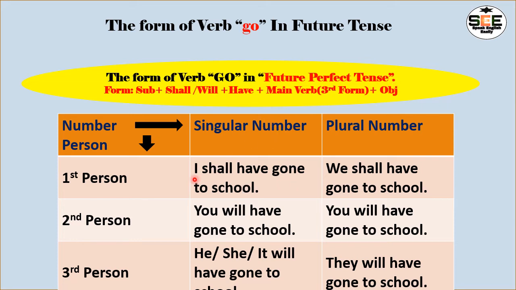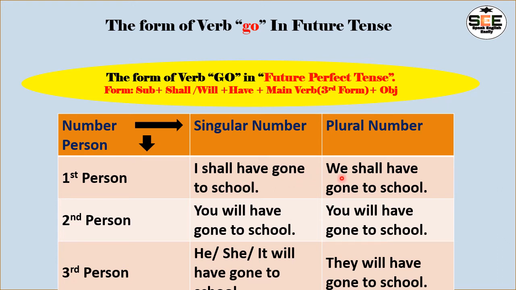That means have is the indicator of completion; as per the rule we use have, and gone is the main verb past participle form, and school is the object, right?